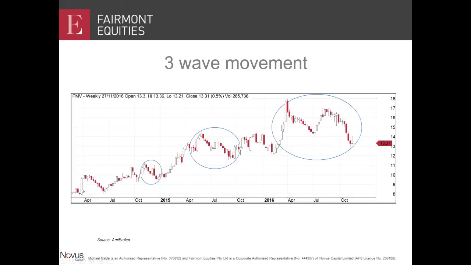So the trend is up for Premier Investments, and we can see here's a little 3-wave decline against the uptrend, then it resumes the movement up, another 3-wave decline, keeps heading up, and here's a very more obvious 3-wave decline against the uptrend.